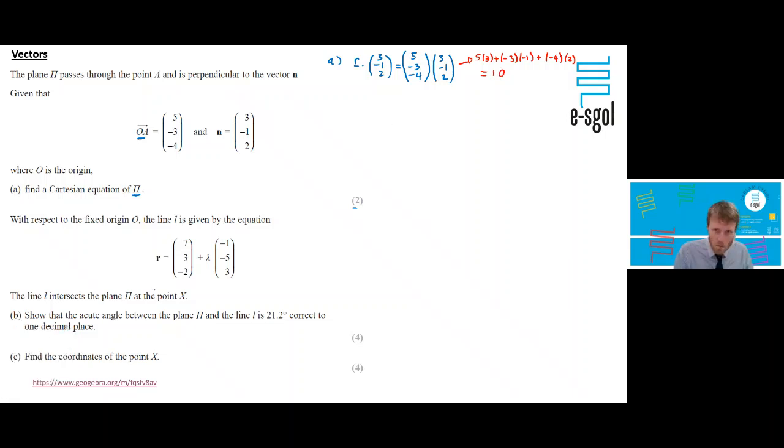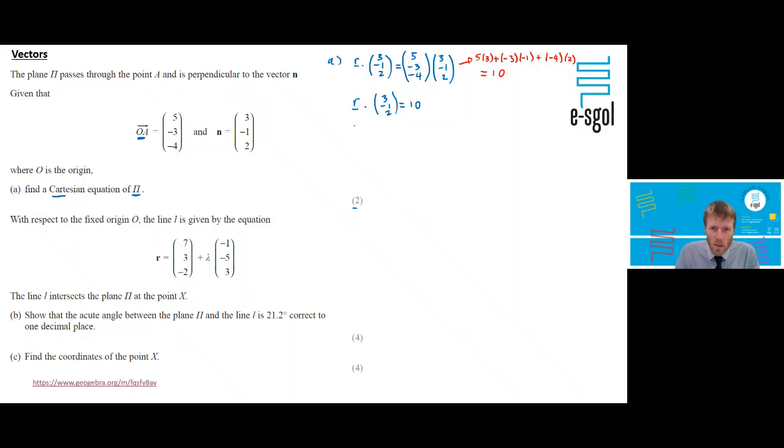So we have created the vector equation of our plane. It's r dot (3, -1, 2) equals 10. Haven't quite finished because it wants a Cartesian equation.